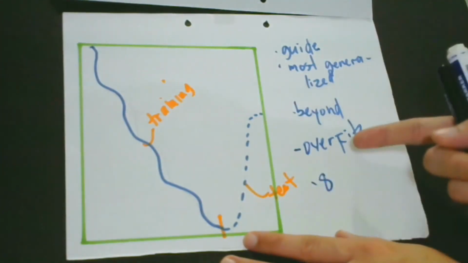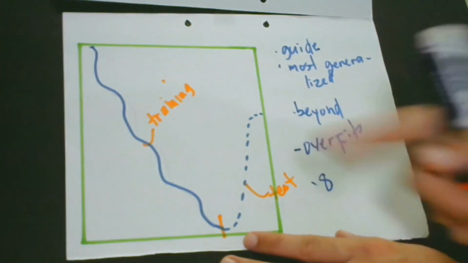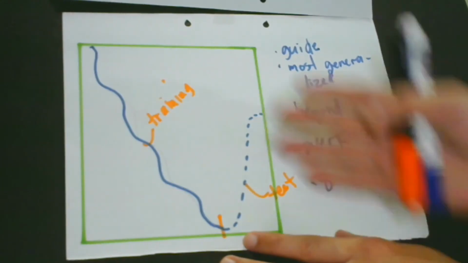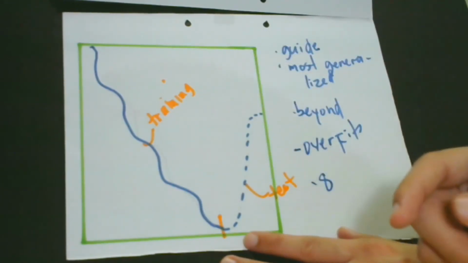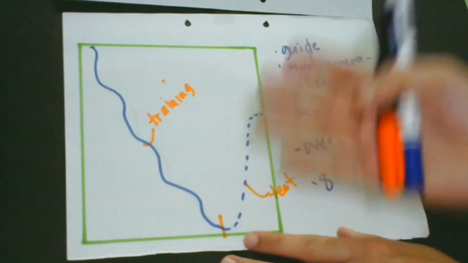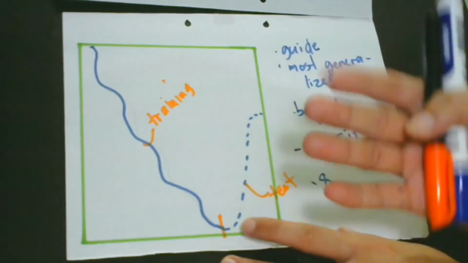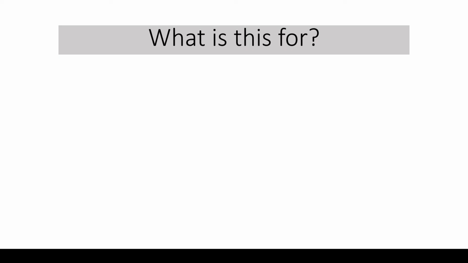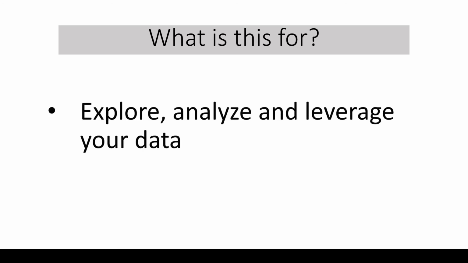Having more and more, it could be that we have an overfit. So with this, it is very necessary to understand how to make the bias-variance trade-off, which we will have in our future lessons. Why do we have to study this? Our understanding of generalization and overfitting helps us explore, analyze, and leverage our data.